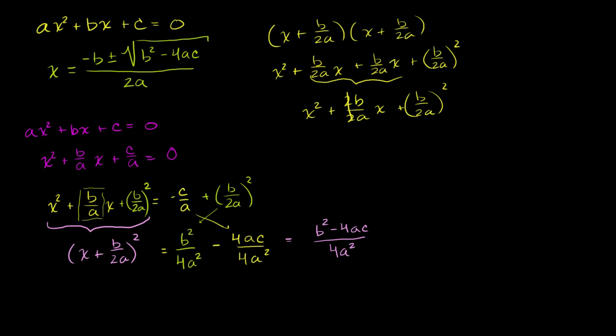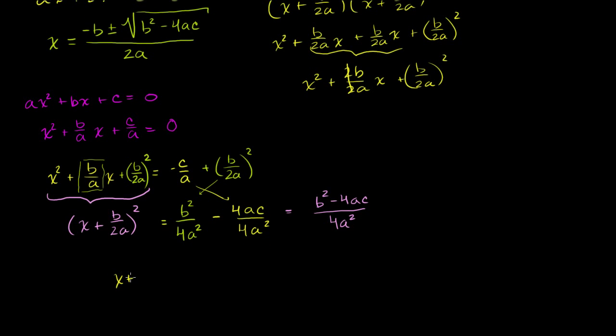So let's do that. If you take the square root of both sides, the left-hand side will just become x plus, let me scroll down a little bit, x plus b over 2a is going to be equal to the plus or minus square root of this thing. The square root of this is the square root of the numerator over the square root of the denominator.